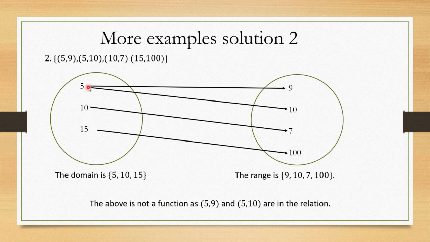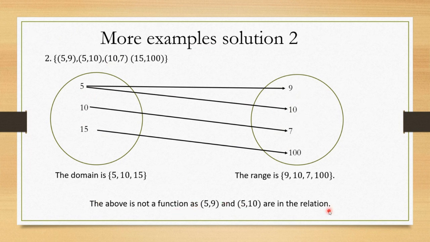You can see here that there are 2 arrows coming out of 5. So 5 has 2 different outputs. You can't have that in a function, so it's not a function.